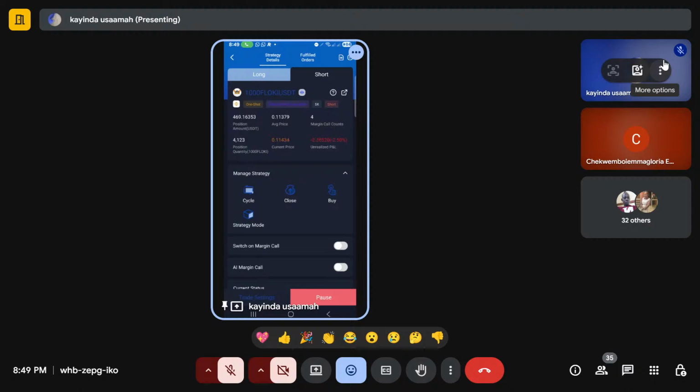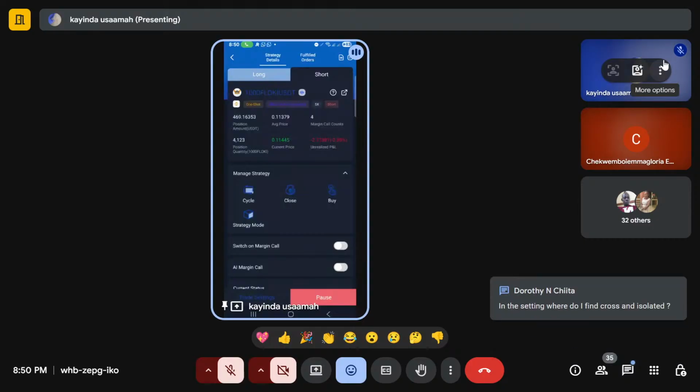You enter the coin when it was at 0.113. Now it has gone against me to 0.114. Then I buy again. That means when I buy again, I have bargaining power, in case it comes back in my trend, I join.